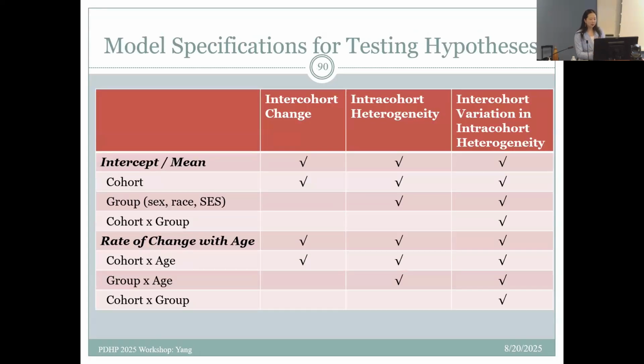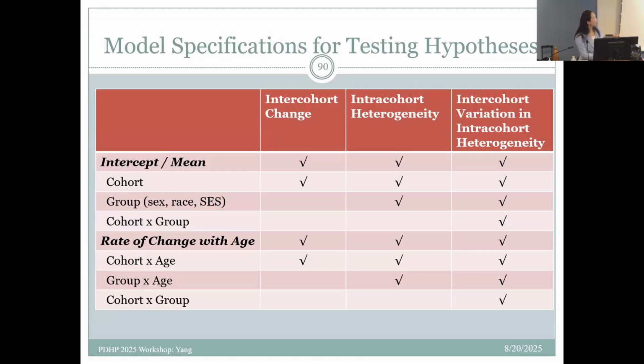I made this summary table of the things you need to include when testing each hypothesis. First, for the intercohort change hypothesis, you're essentially testing differences in the mean controlling for cohort, or cohort differences in the intercept and mean, as well as cohort differences in the rate of change with age, which is the age by cohort interaction effect. An intermediate step is that, when controlling for cohort, you can better assess intracohort heterogeneity by adding to the first model the group indicators, sex, race, SES, and such, to both the models for mean and intercept.